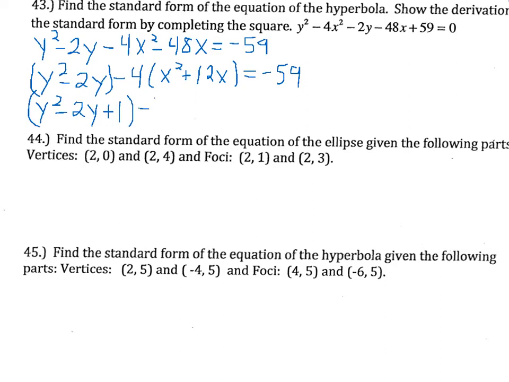And I'm going to add in a 36 for the x's. So that means that on the other side of my equal sign, I need to add in a 1, and I need to add in a negative 4 times a 36, which will be a negative 144.